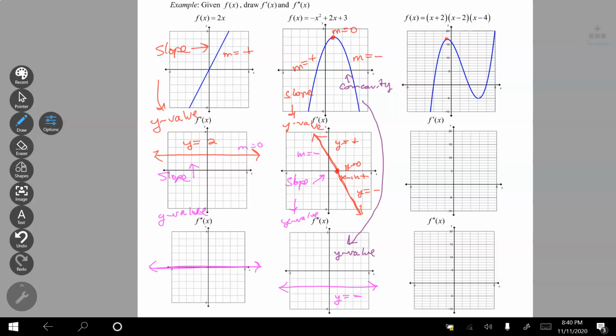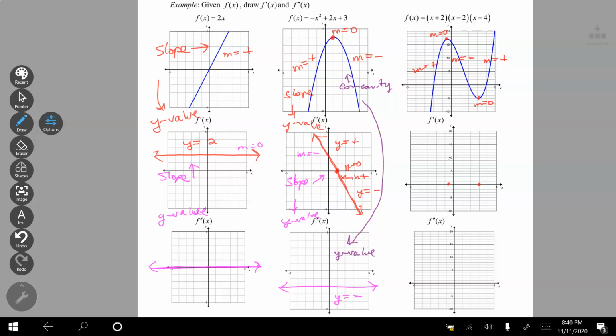They're not really any different than before, so I'm noting the mins and maxes, because this is where the slope is equal to 0, and those become the x-intercepts on these graphs, so it's like negative 1/2 and 3. I have a positive slope, a negative slope, and a positive slope.